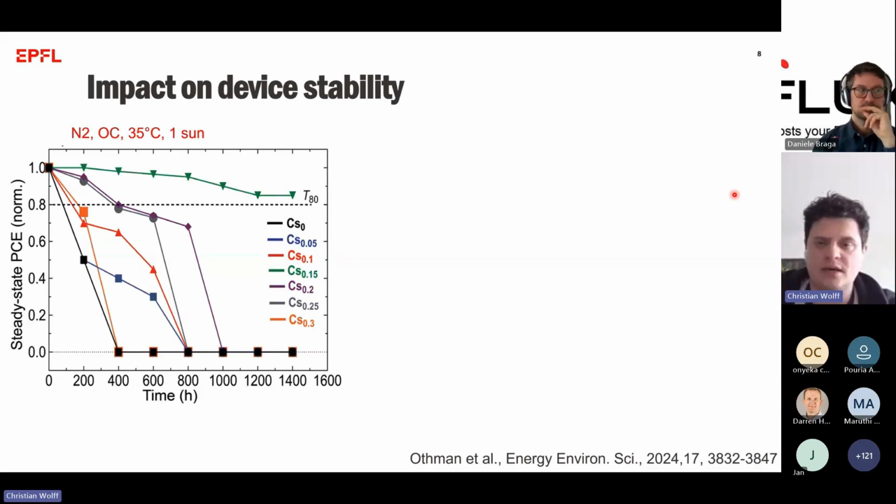On the one side, we simply took a larger set of cells, so these are our averages here, and placed them under one of our solar simulators at something like 35 degrees in open circuit. This is a test that I recommend to you if you don't have the capabilities of doing maximum power point tracking, because it's a relatively straightforward thing to do.